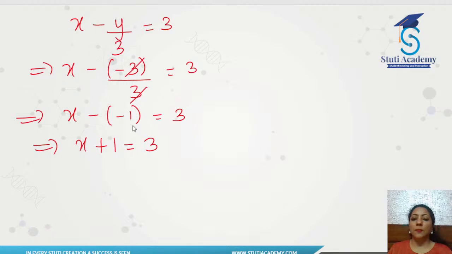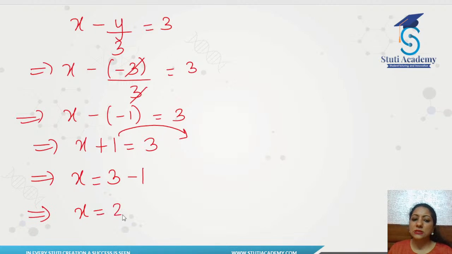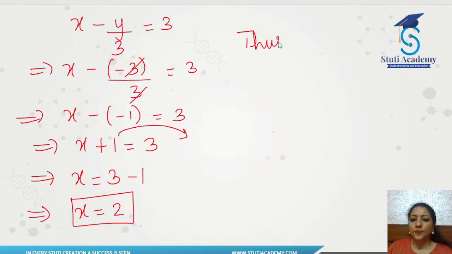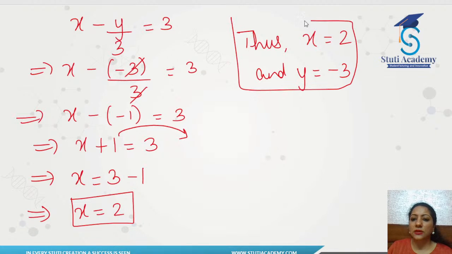This minus minus will become plus. 1 we will take on the right hand side and we will get x as 3 minus 1. And finally we have x as 2. So x is 2 and y is negative 3. Thus x is equal to 2 and y is equal to negative 3. This is the solution for the given set of equations.